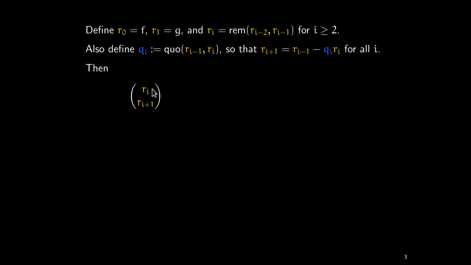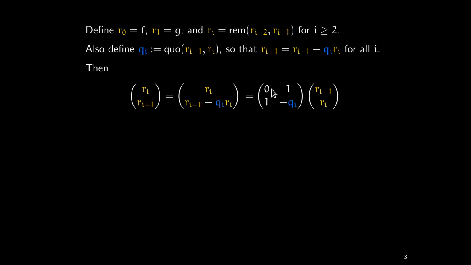So the pair that you consider during the Euclidean algorithm is defined in this way. This doesn't change here, but it is obtained from the previous one by multiplying the previous pair by this matrix.